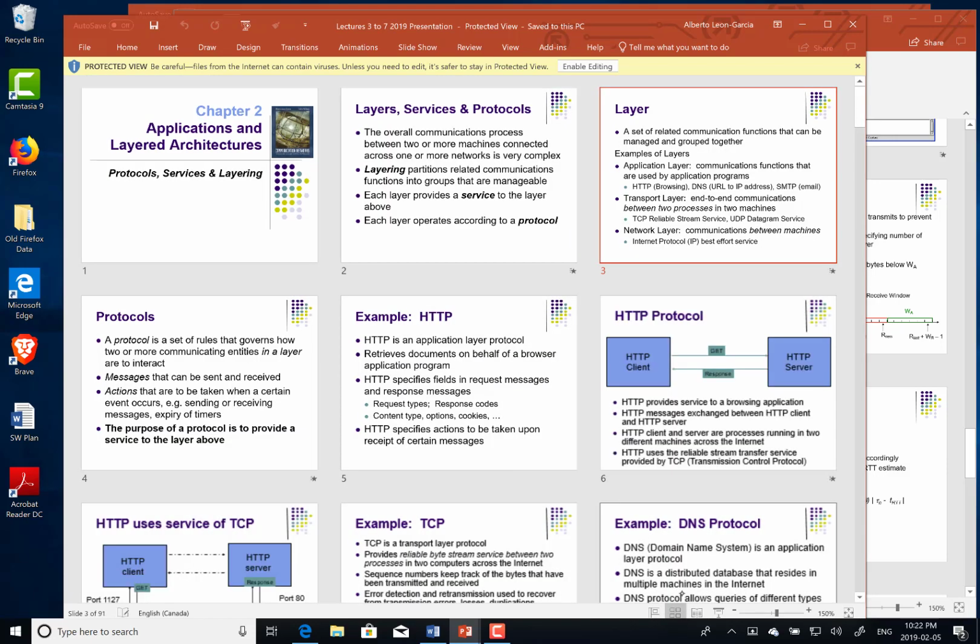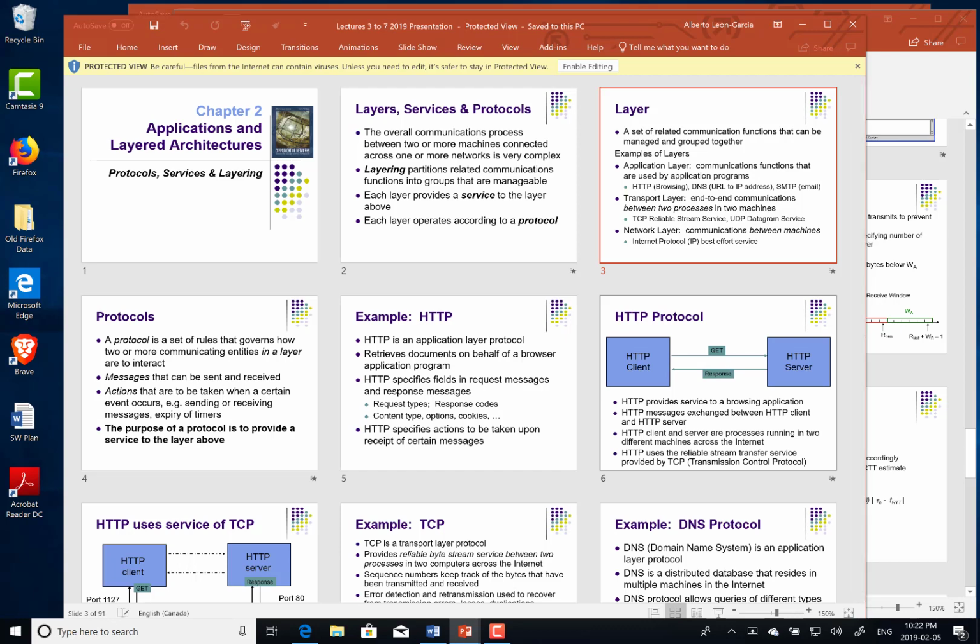So let's go back to the way I had it before. So each layer has its own protocol. For example, here's HTTP. The protocol is designed so that the two sides behave as if they're directly connected.